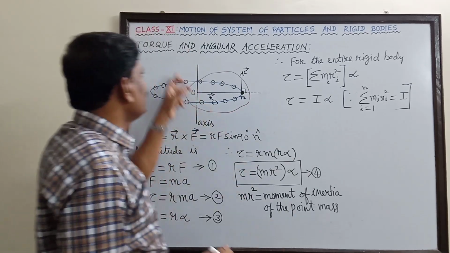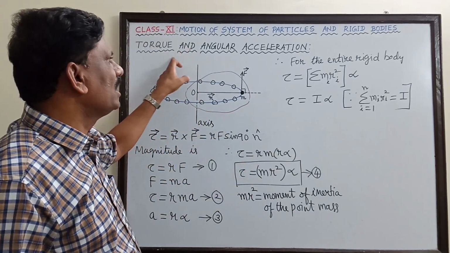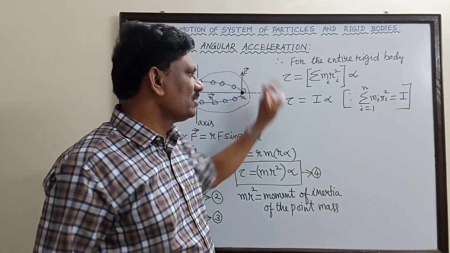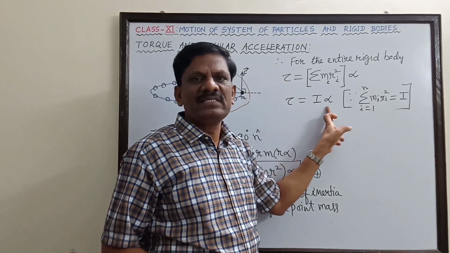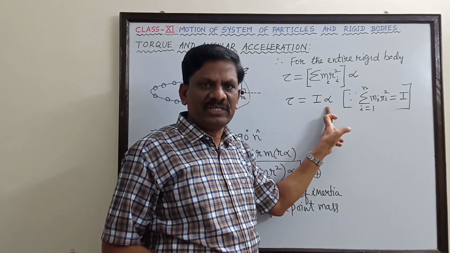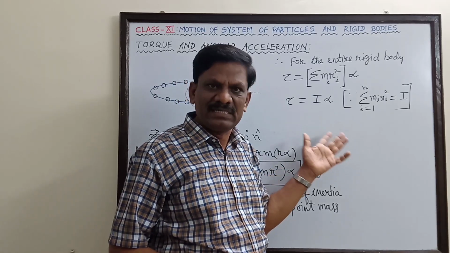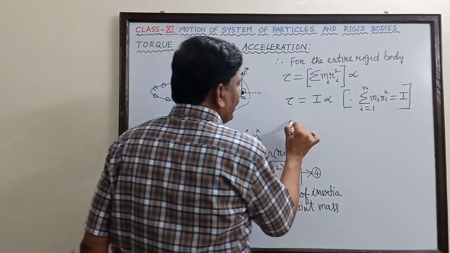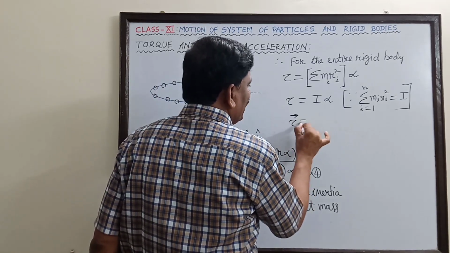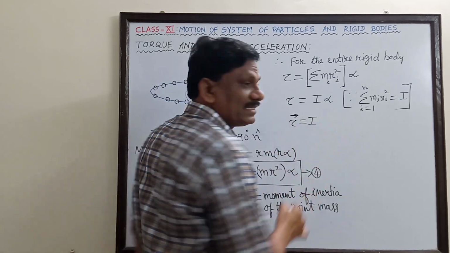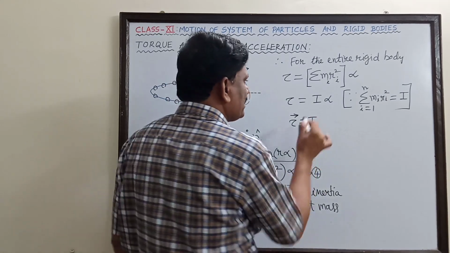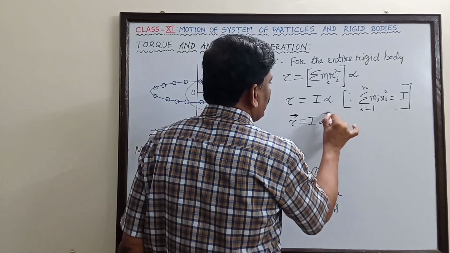So the topic of discussion is the relation between torque and angular acceleration. The left side is the torque and the right side is the angular acceleration. This is in scalar form, only the magnitudes I have written. In vector form, tau is a vector, moment of inertia is a scalar quantity, a constant, and alpha is a vector quantity.